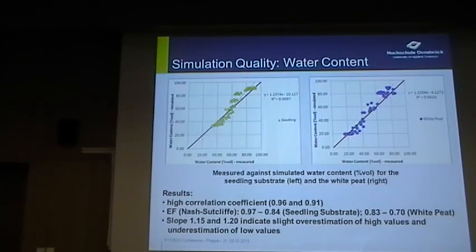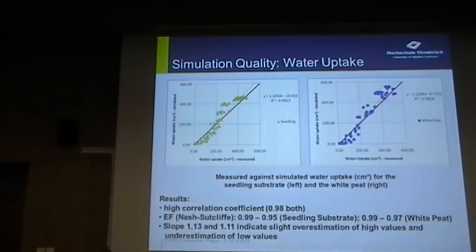So this is for water content, and this is the same for water uptake into the containers, because this is something the producers are much more interested in than the water content distribution. And again, we have relatively good simulation quality.